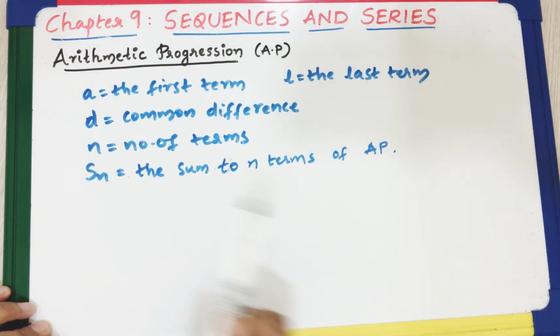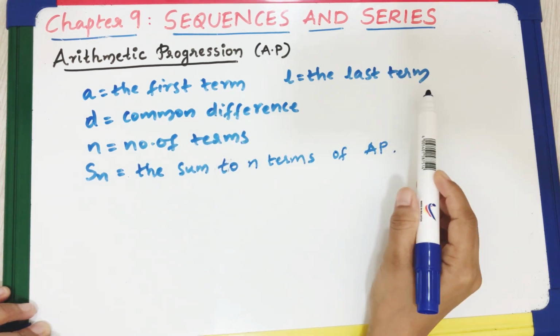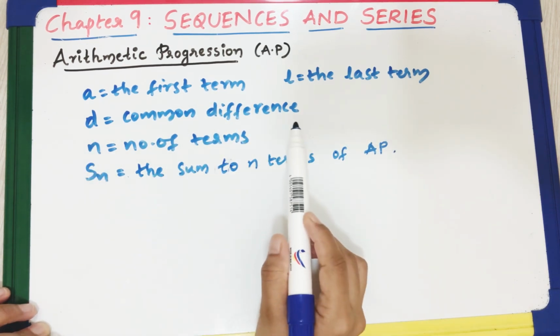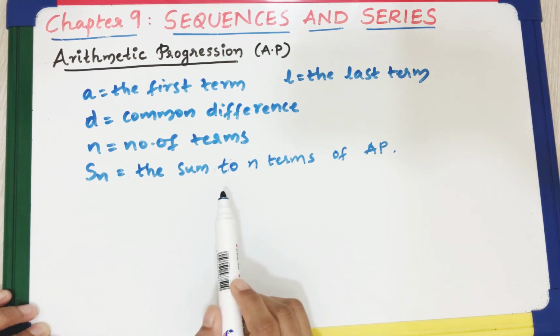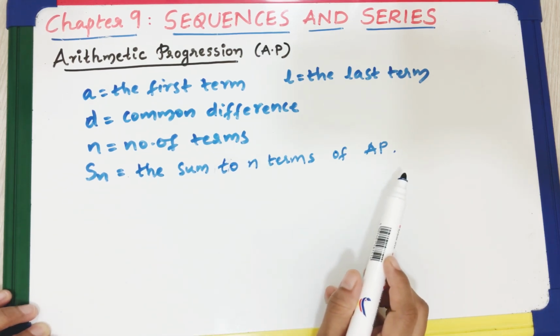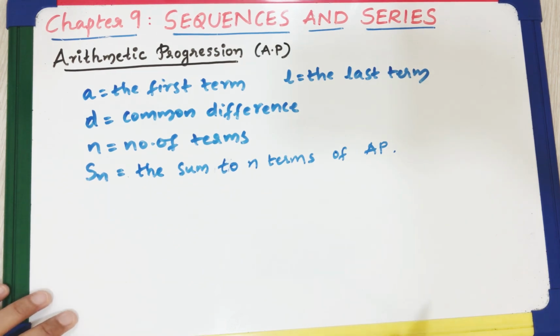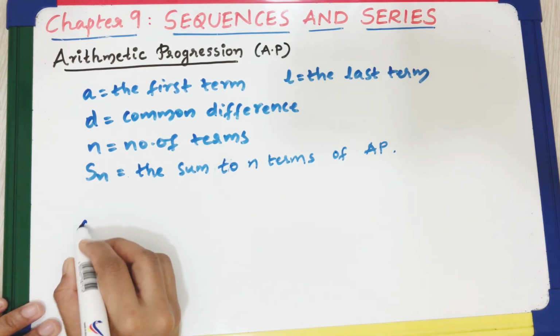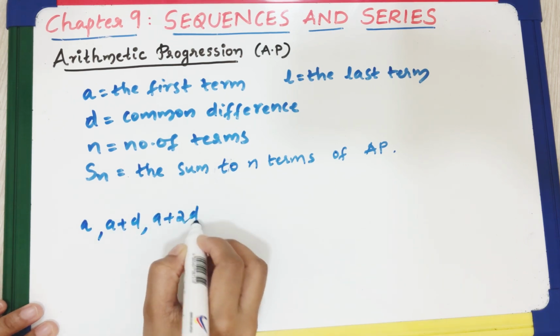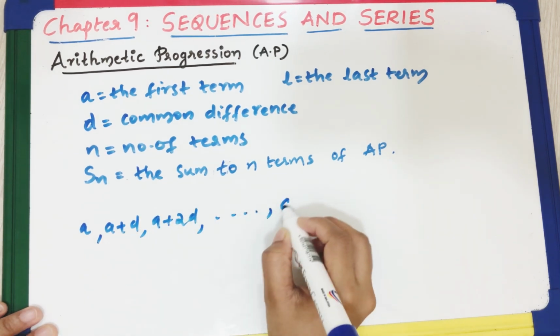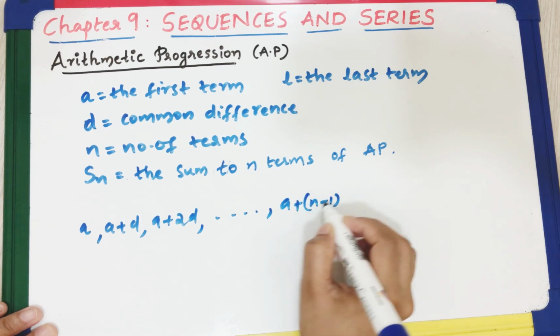Remember the notations: a equal to the first term, l equal to the last term, d equal to the common difference, n equal to the number of terms, Sn equal to the sum to n terms of the AP. Now consider the AP a, a plus d, a plus 2d, etc., a plus n minus 1 into d.